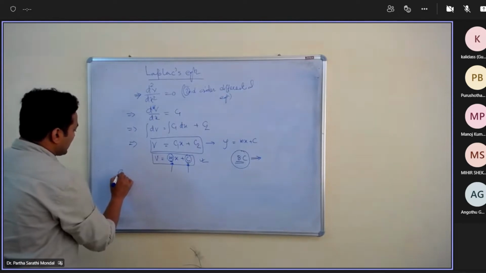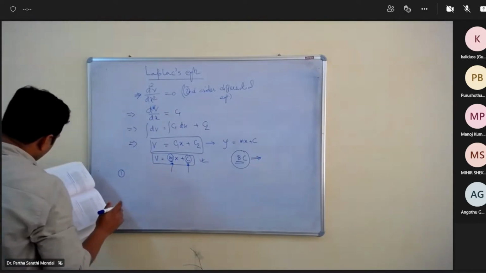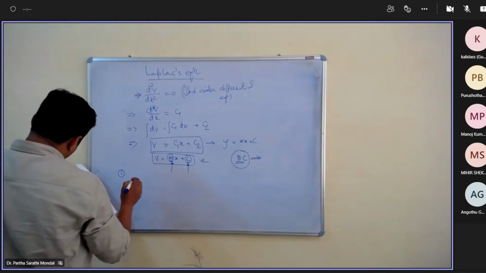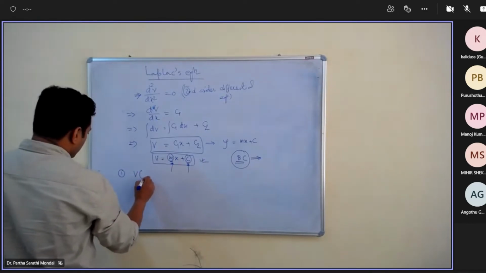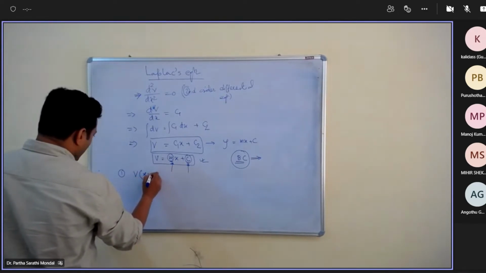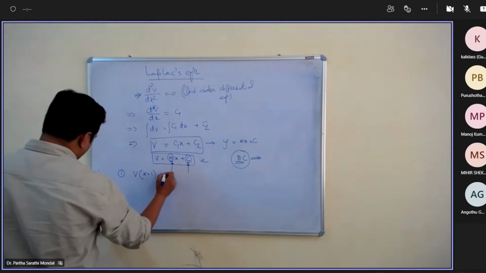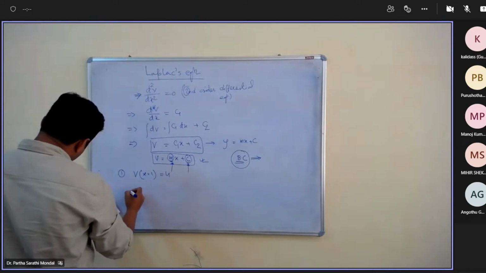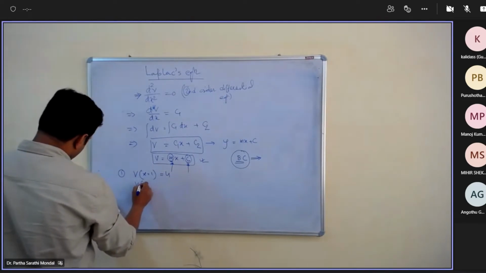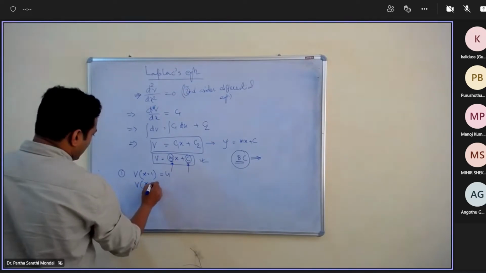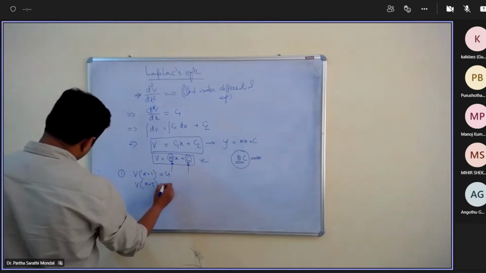Let's say the boundary conditions are: one, V at x = 1 equal to 4, and V at x = 5 equal to 0.